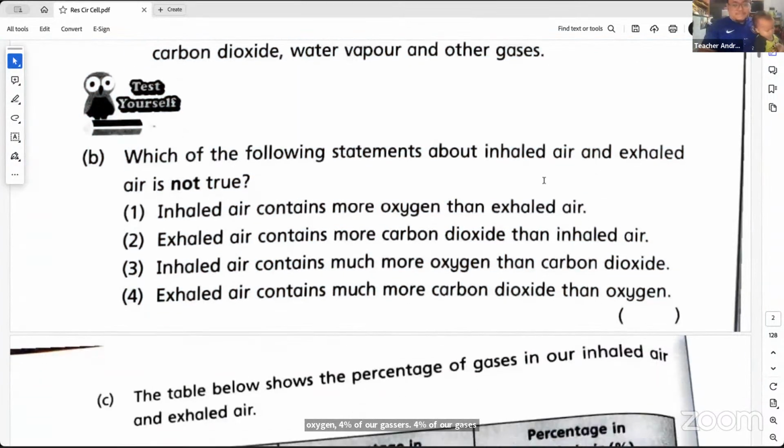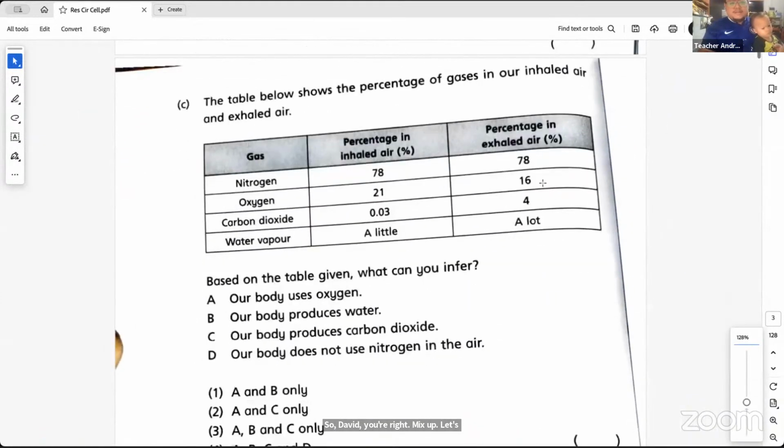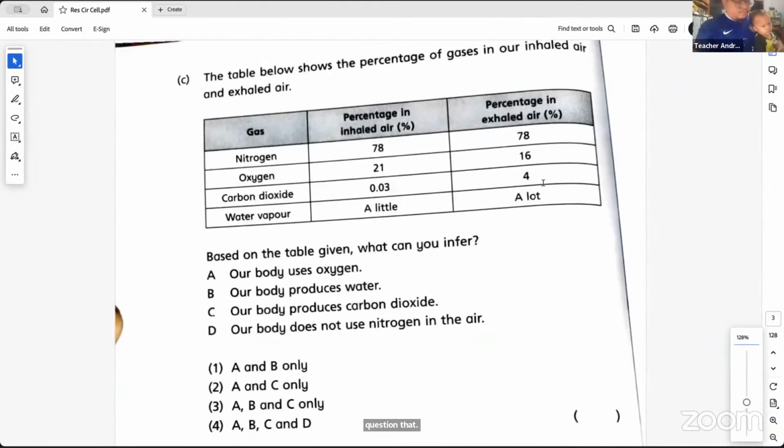Next up, let's look at another question that the teachers like to give. The table below shows the percentage of gases in our inhaled air and exhaled air. So we have the inhaled air, we have the exhaled air, we have the following gases and their percentages.